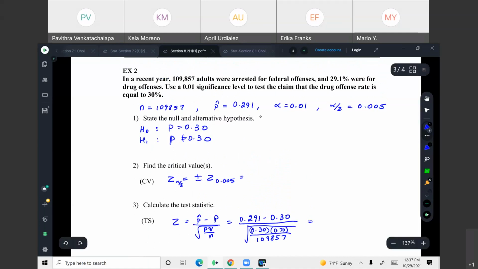After stating your null and alternative hypothesis, tell me which one will be the claim.